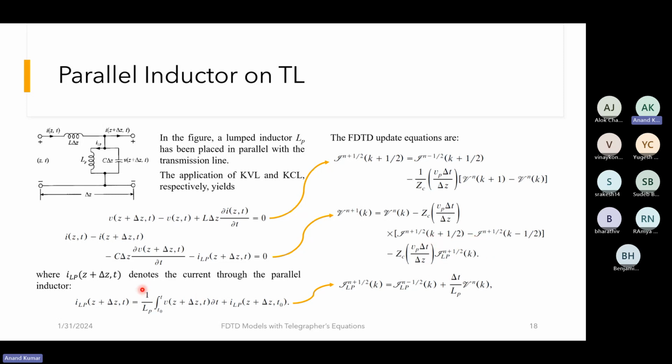For that we use the third expression, and we have approximated this integration as a summation: ILP plus all the previous values of ILP plus this integral value. The LP remains the same, the dt becomes delta t, and we have the voltage value at every instant. So the integration is approximated as a summation, and we have the two update equations. This is how we get the update equations for a lumped inductor on the transmission line.